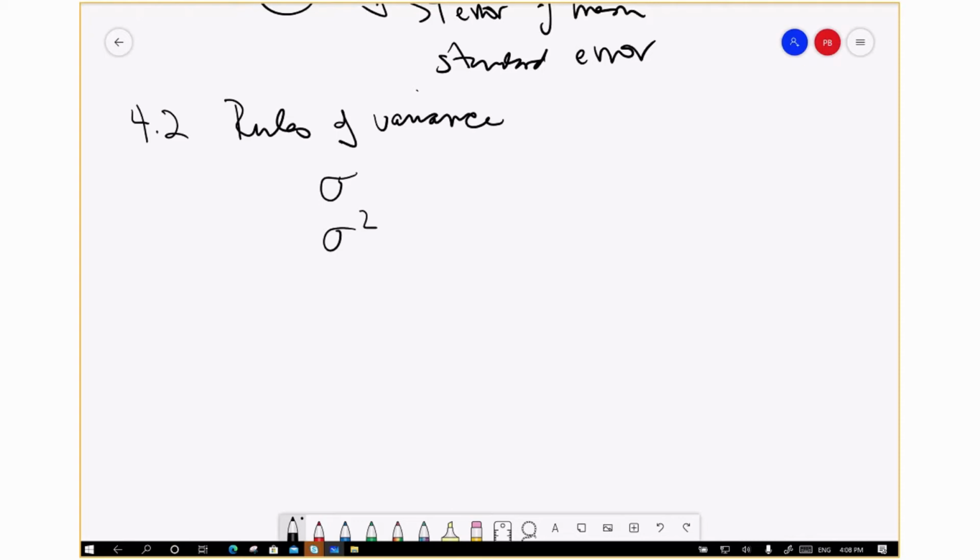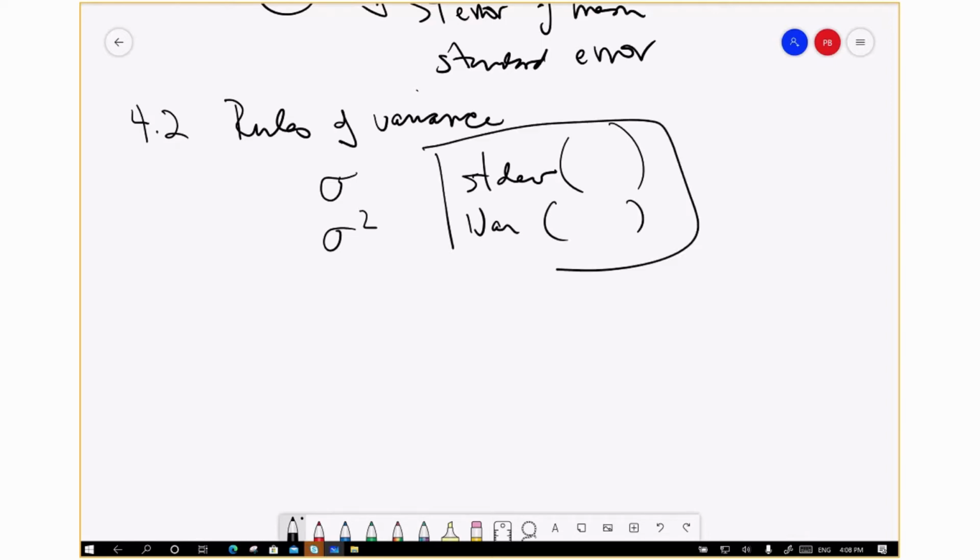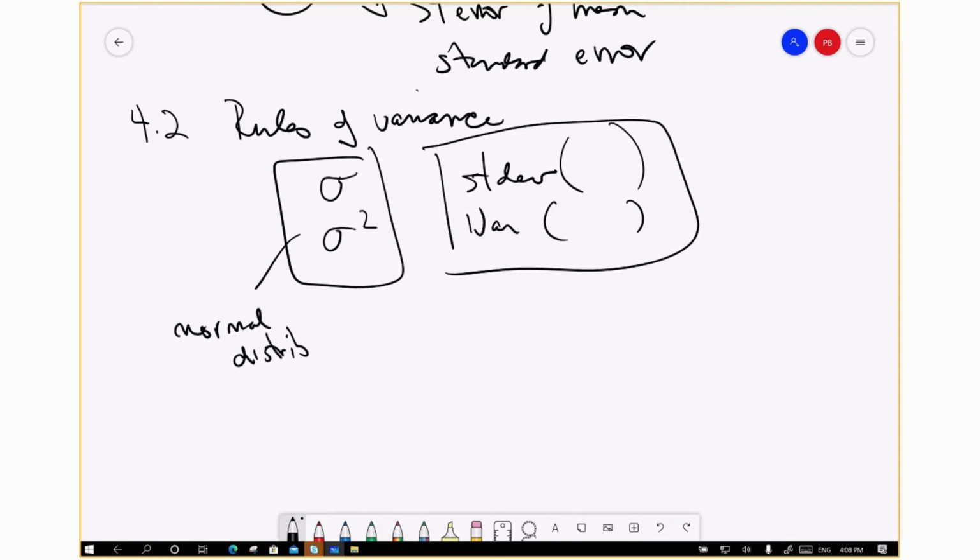Now I'm going to use STDV as the symbol for standard deviation and VAR as a symbol for variance. Why am I doing this instead of that? These symbols are typically associated with a normal distribution, whereas these symbols are associated with any distribution.